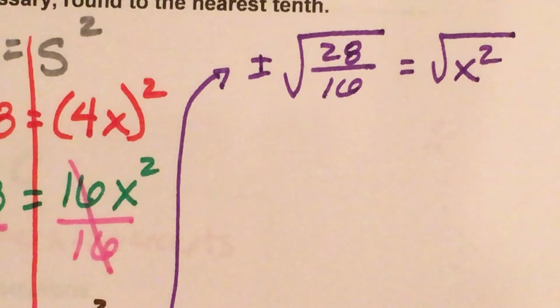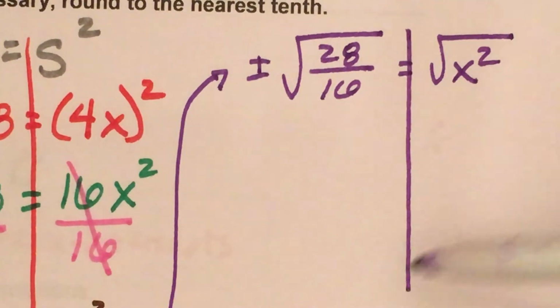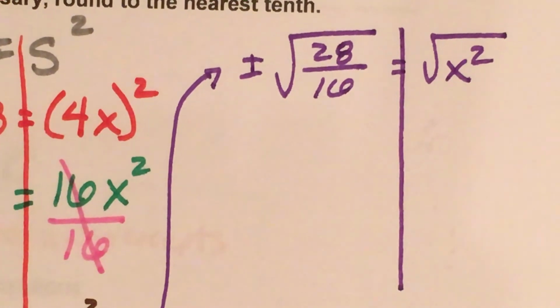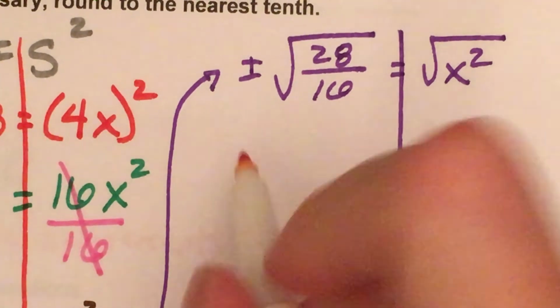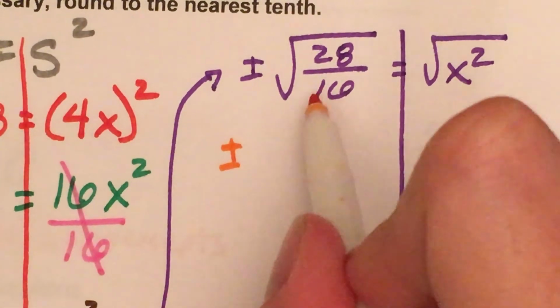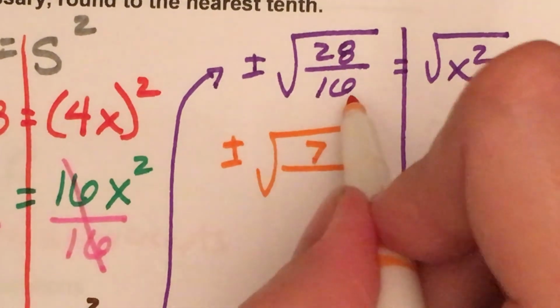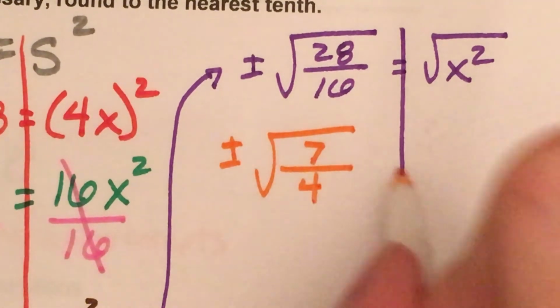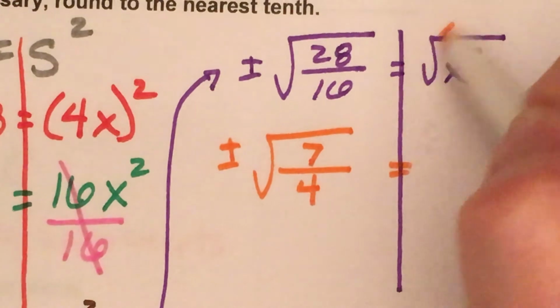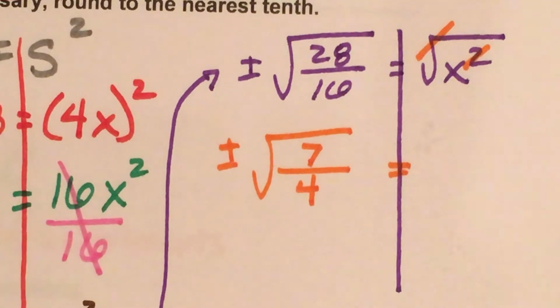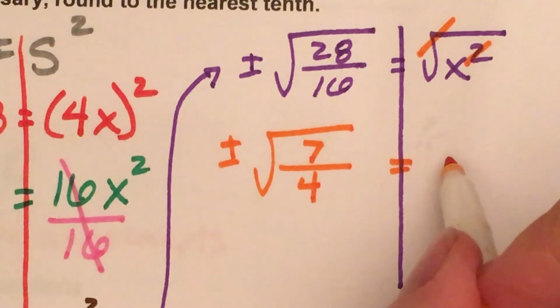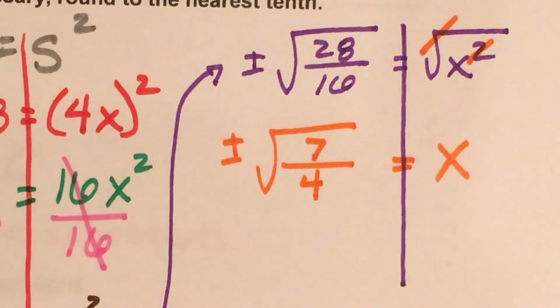These are both divisible by 4. So let's do that. 28 divided by 4 is 7. 16 divided by 4 is 4. And we can go ahead and cancel those out right quick for the square root and the square.